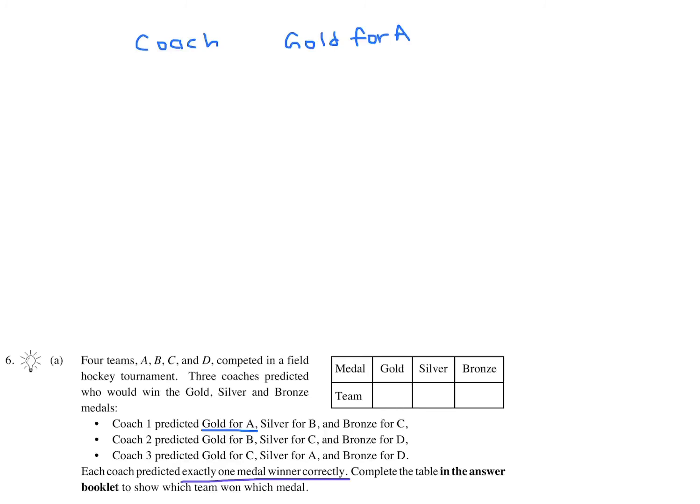Okay? So Coach 1 predicts gold is for A, so he's wrong about the silver and he's wrong about the bronze.